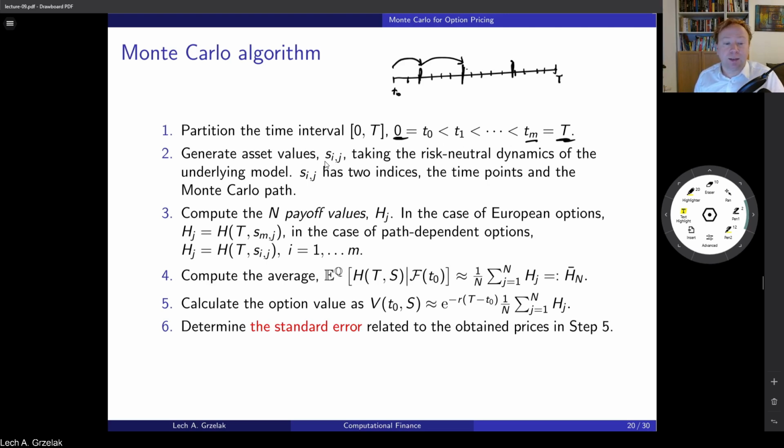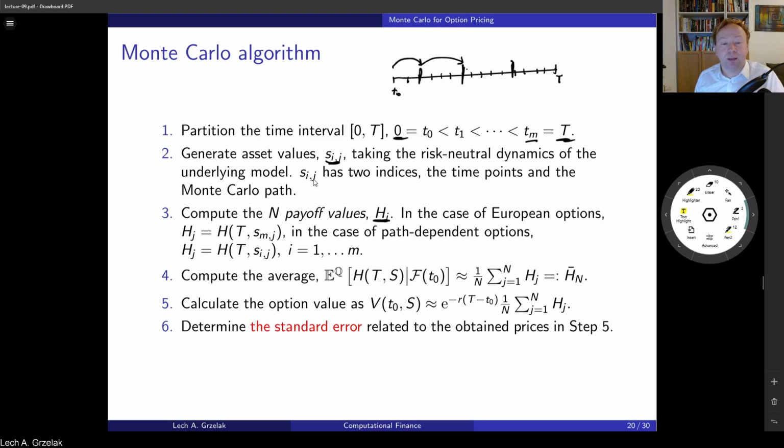We have an asset S_ij, so we have two indices. The first index is a time index. The second index is a path number index. And we have a payoff, H_j, so you can see the value of a payoff also depends on the path number.